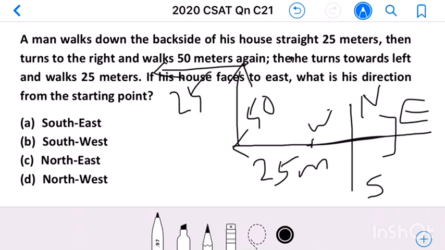Then his direction from the starting point: this is the starting point, and now he is here. From the starting point, his direction is this. This is northwest. So he is in the northwest direction from his starting point. Our answer is option D.